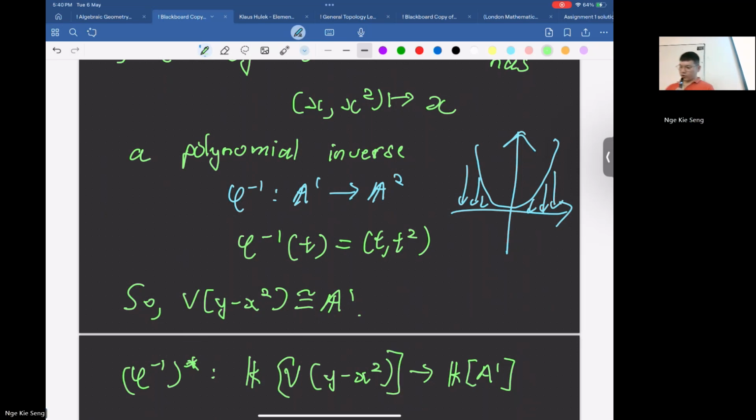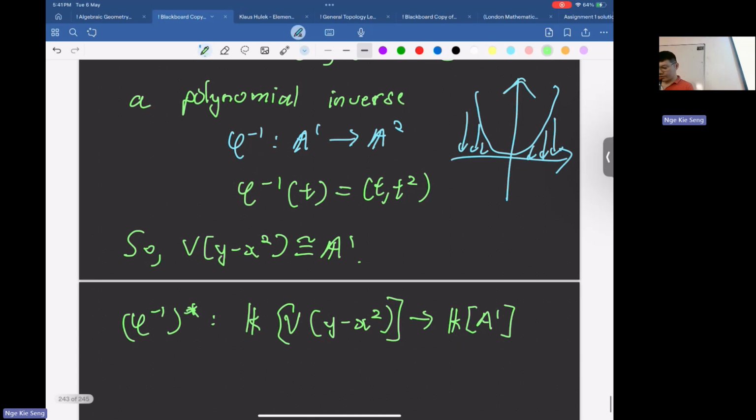So it goes backward. The pullback of phi inverse should go backward, from the coordinate ring of this parabola to the coordinate ring of A1. What are these two coordinate rings?